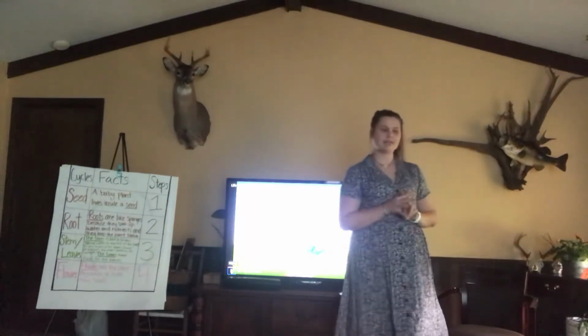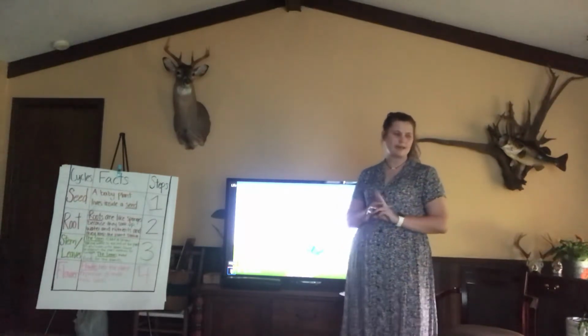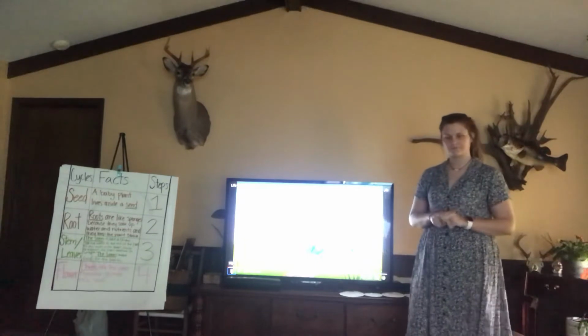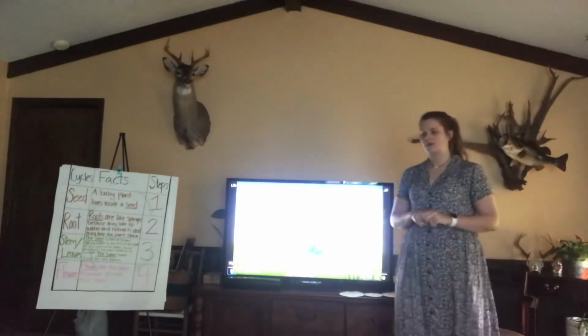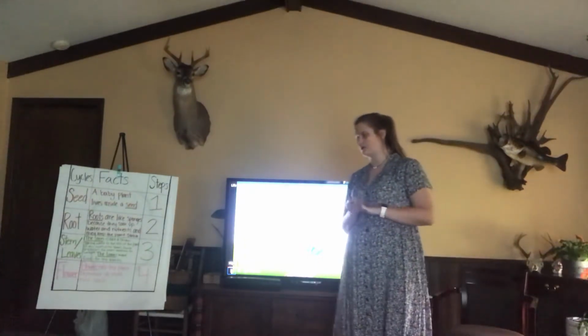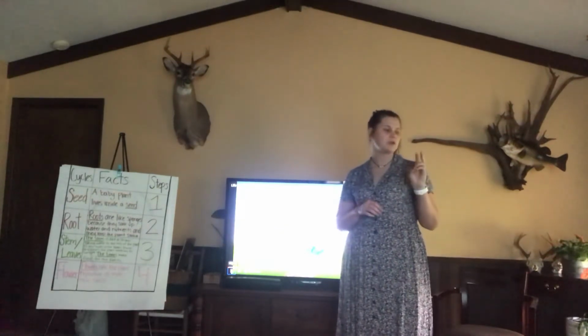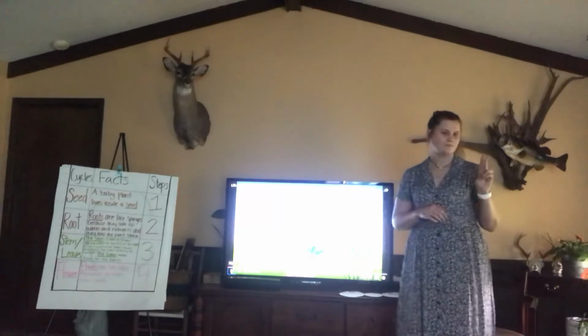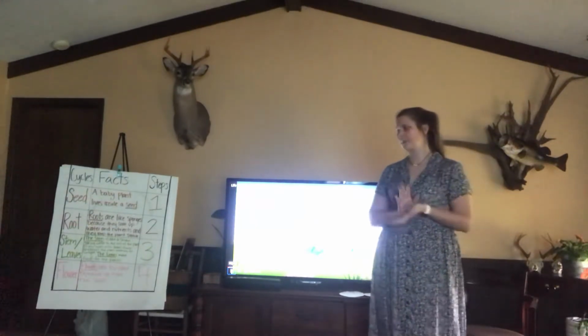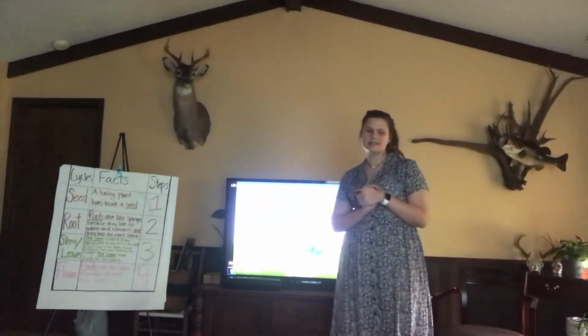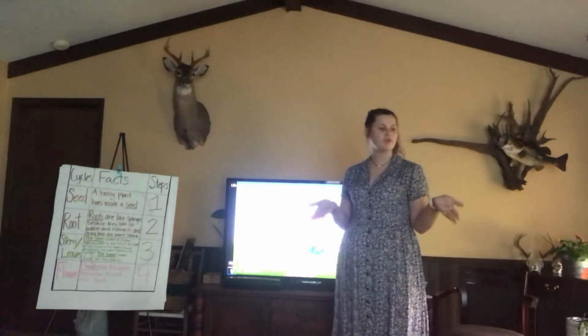Can anybody tell me what happened next to the plant? Good. Roots, okay? So step number 2 is going to be roots. Can anybody tell me what step number 3 might be?